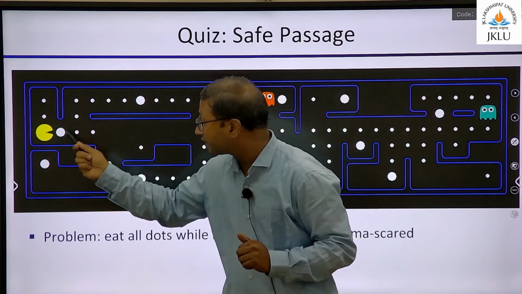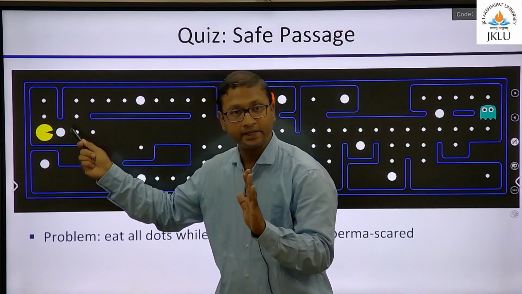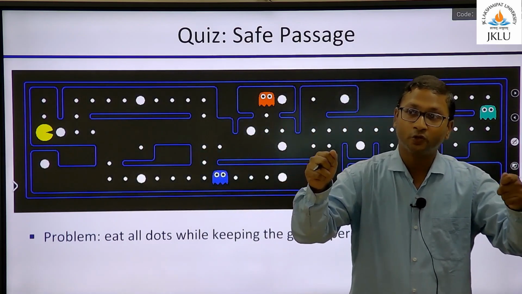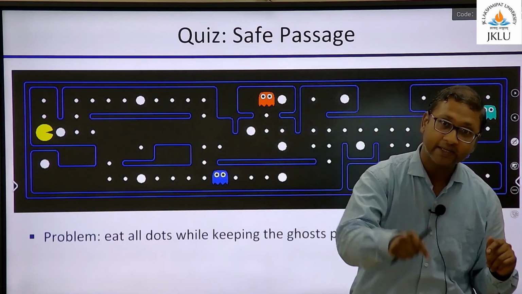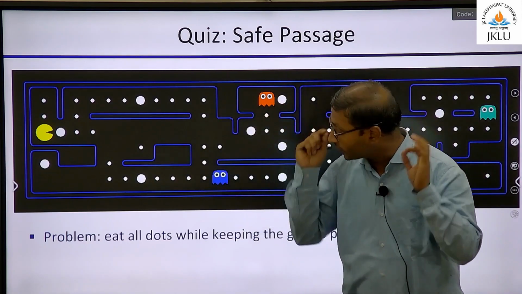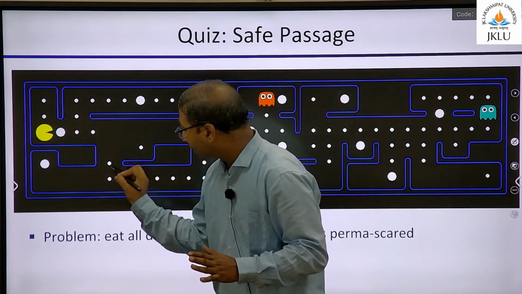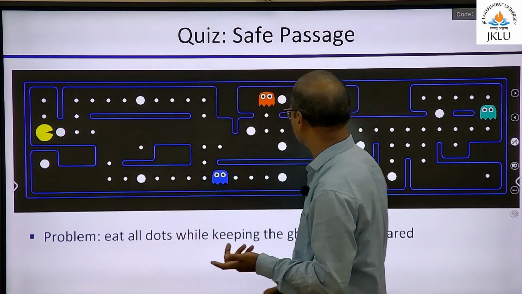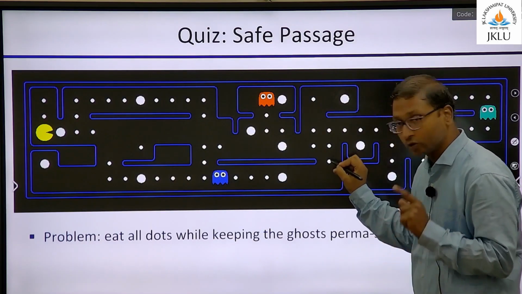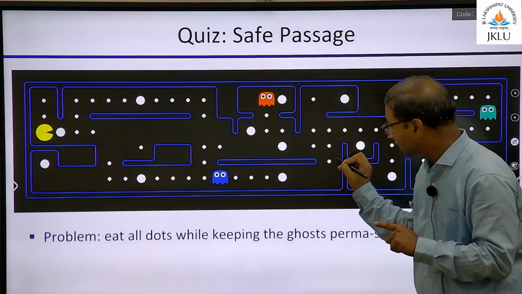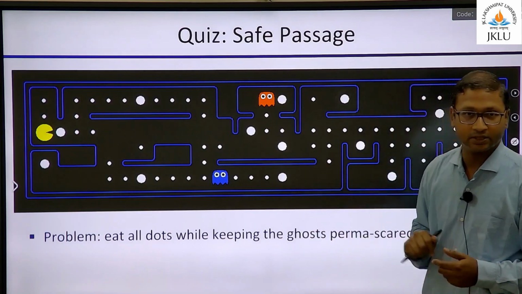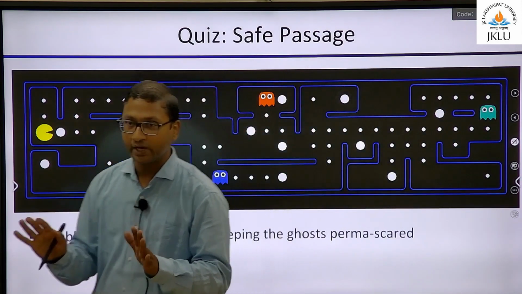So whenever you eat this power pellet, and let's say it finishes the power in 10 seconds, so you have to eat a power pellet again in those 10 seconds only. It is absolutely possible that you are here, closer to this pellet, but you should leave it and go to this one because that is your condition. Okay, is the problem okay?